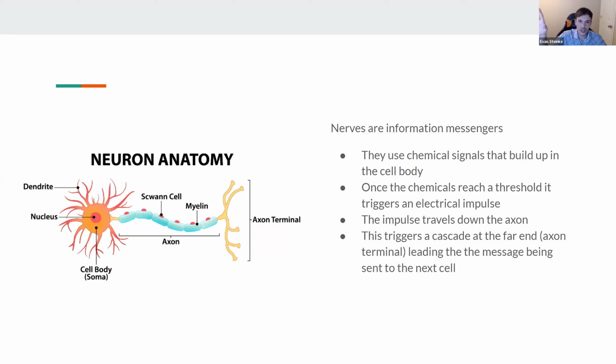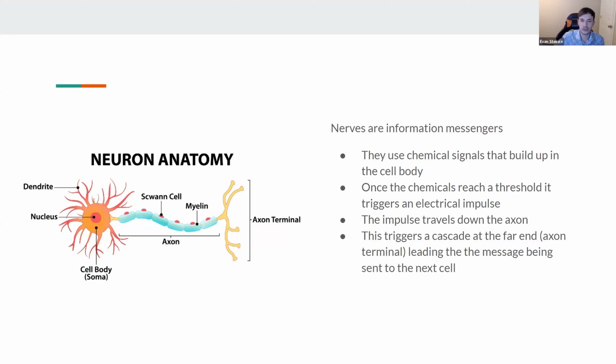It has all of these branching off things called dendrites, but essentially what those do is they reach out to either sensory receptors. You can think of a pressure receptor or a taste receptor, or even other neurons. And it collects all of these signals and they accumulate in the cell body. And once it reaches a certain threshold, it fires.